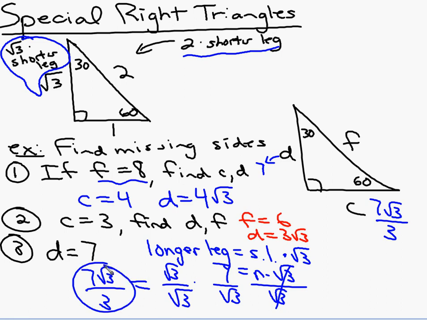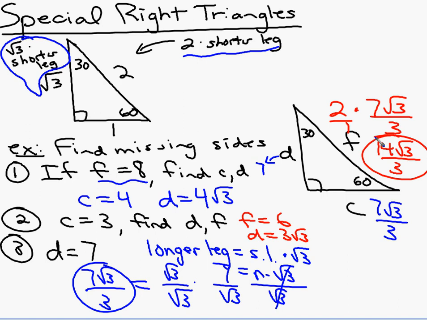Now, how do I get the hypotenuse? 2 times that. So if I want to get the hypotenuse, it's going to be 2 times 7 radical 3 over 3. Well, we've got to remember what we know about fractions. If I multiply a fraction by a whole number, put the whole number over 1, the hypotenuse is going to be 14 radical 3 over 3.